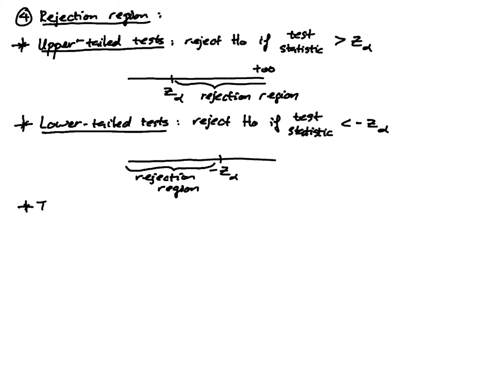And then for two-tail tests, the idea is we reject the null if the test statistic is less than negative z sub alpha over 2, or if the test statistic is greater than z sub alpha over 2.